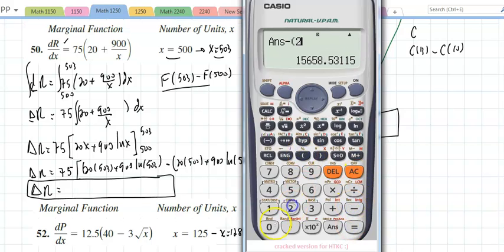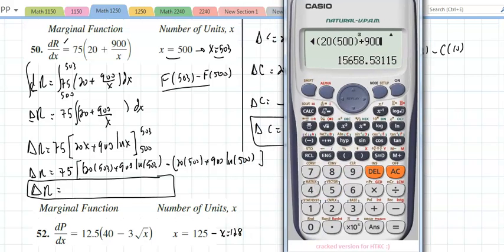Minus 20 times 500 plus 900 times natural log of 500.